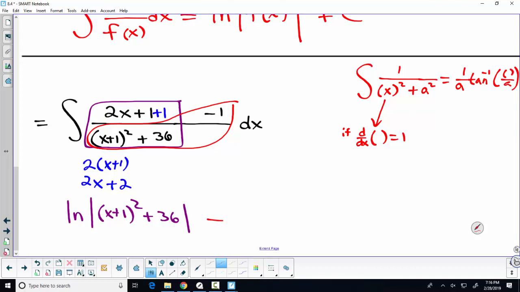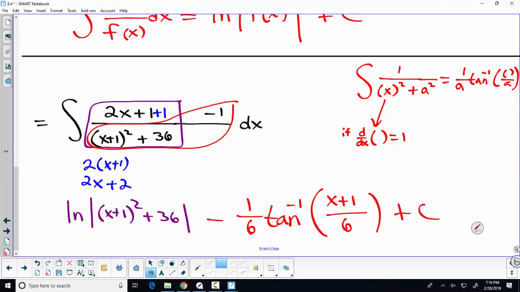So this is minus from the minus 1, and this is 1 over x squared plus a squared. So that's 1 over a inverse tangent of the argument whose derivative is 1 over a. So that's the same answer that we got in the original.